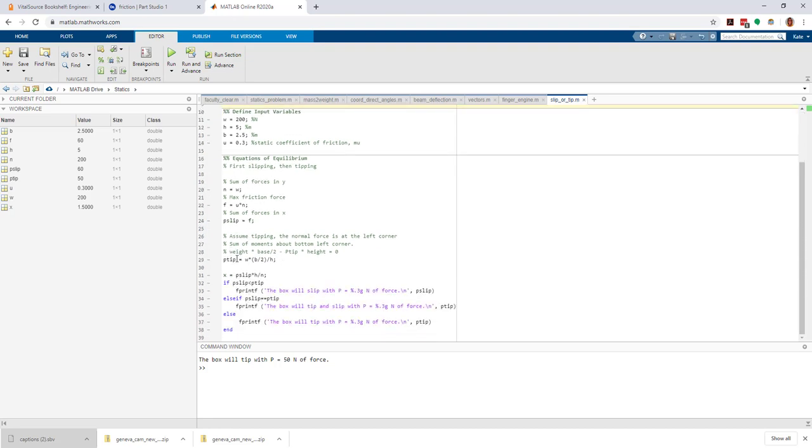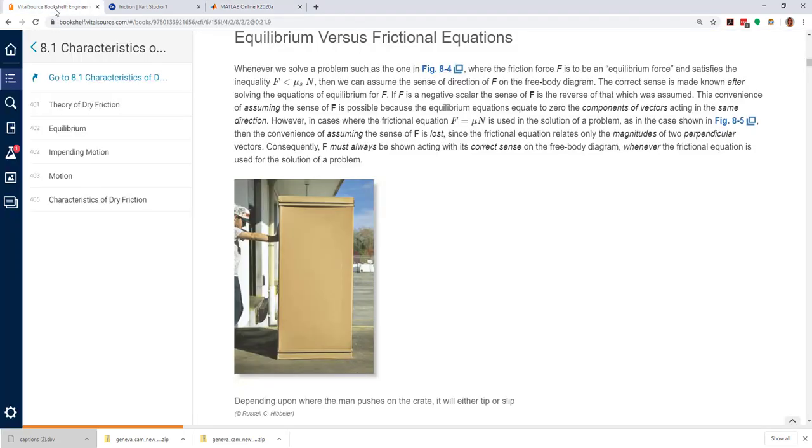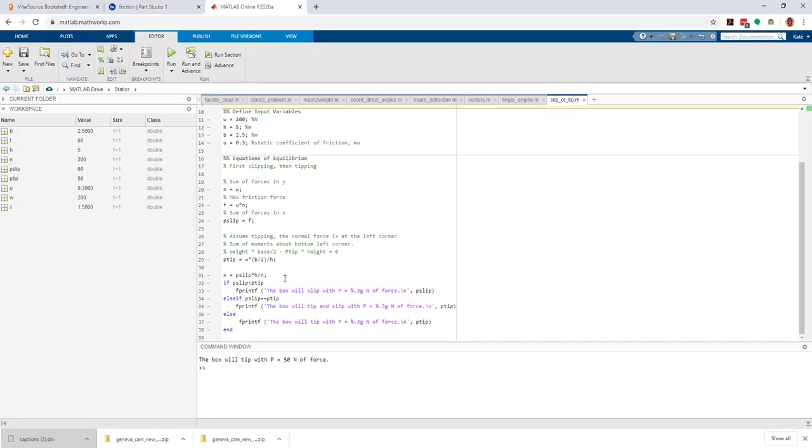And then if we assume tipping, the normal force is in that corner down here. We're going to do essentially the sum of moments would be a positive moment from the weight times half the base minus the pushing force times the height. So we can calculate out what that pushing force would have to be as weight times base over 2 divided by h.